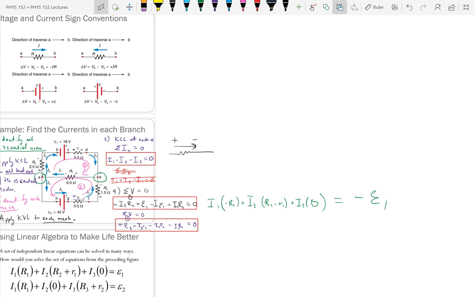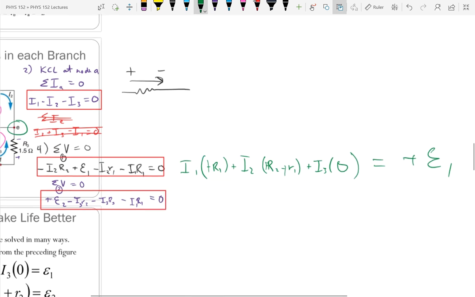So I moved the constant to the other side of the equation. Now you might notice I have minus signs everywhere, so it's convenient to make everything positive. And so that's rewriting that equation.